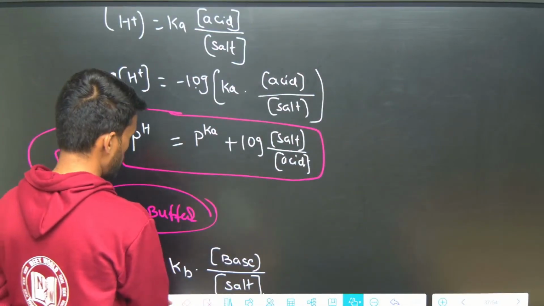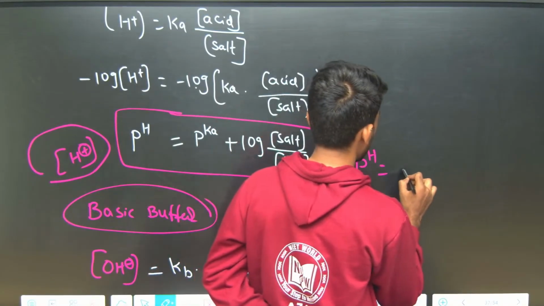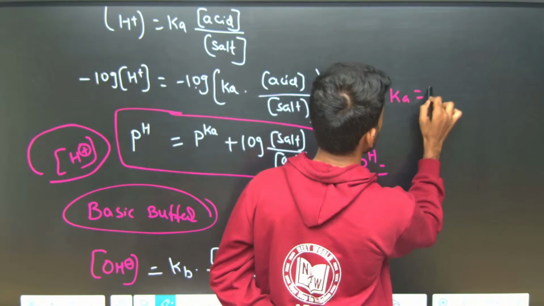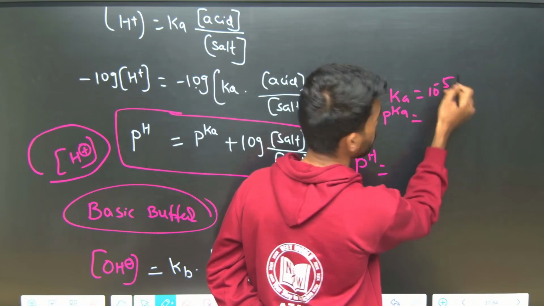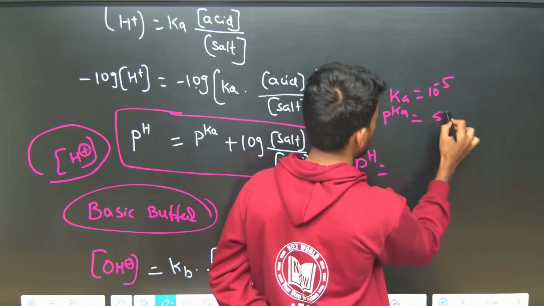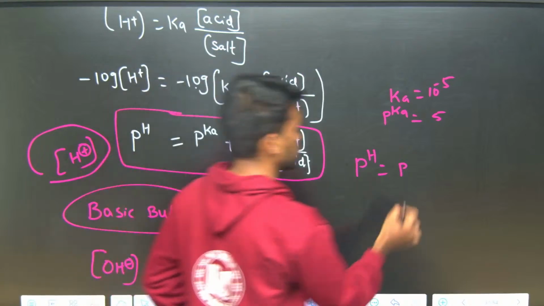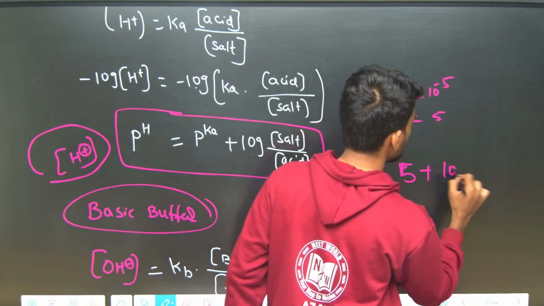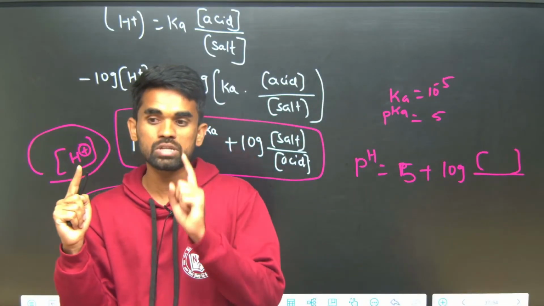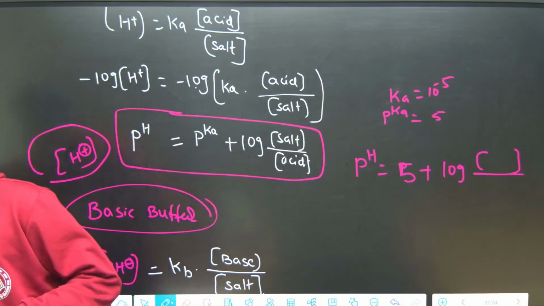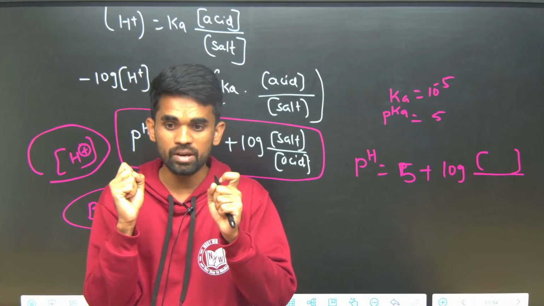So what will the pH be now? The pKa value is how much? Ka is given as 10 power minus 5, so pKa, minus log of Ka, will be 5. So pKa plus log of salt by acid concentration. So 5 plus log, the salt concentration is 1. See, 1 mole of base plus 3 moles of acid is given, so the limiting reagent is the base.